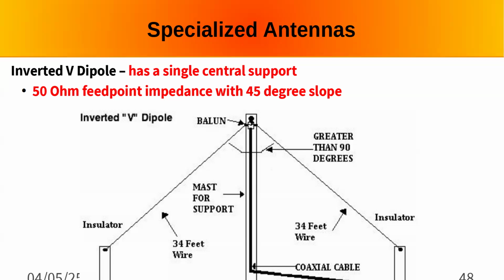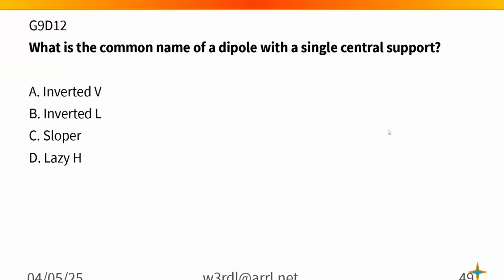Now, one downside is it's kind of low to the ground, so you don't get the optimum radiation pattern. Unless, of course, you were up at VHF or something. What's the common name of a dipole with a single central support?